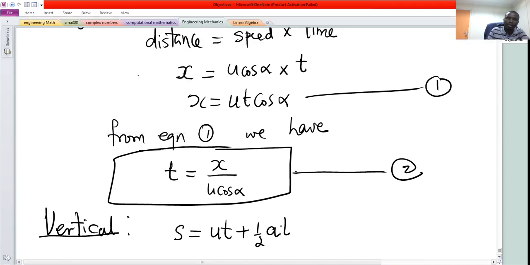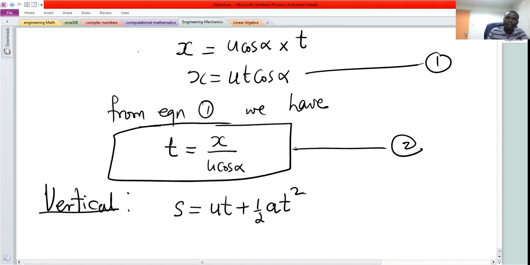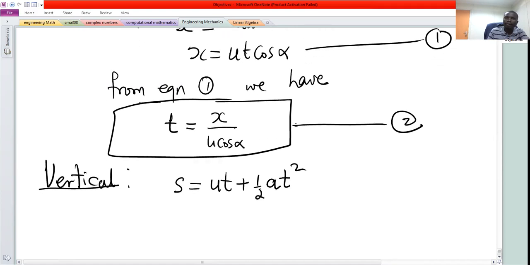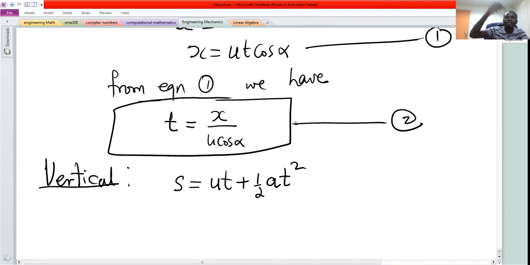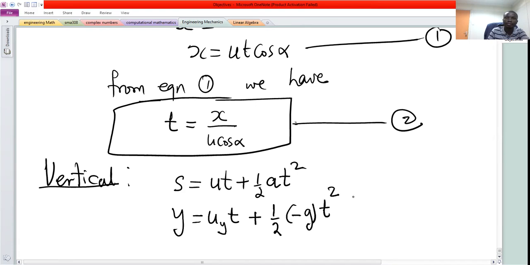Because we are concentrating on the vertical, we call it y, and it will be given by uy times t plus a half, and because the projectile is moving upwards against gravity, this will be negative g, times t squared.